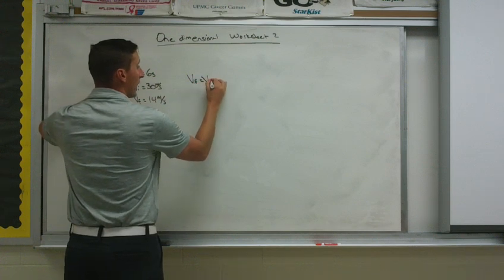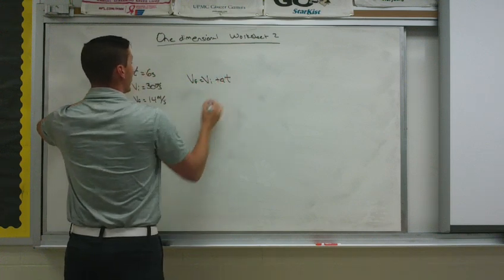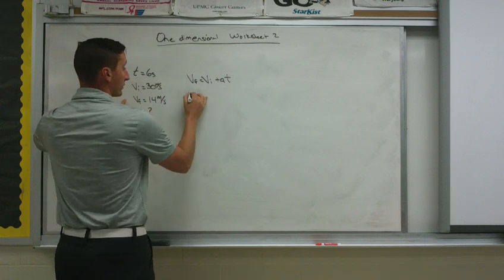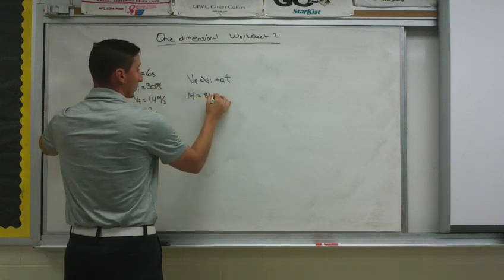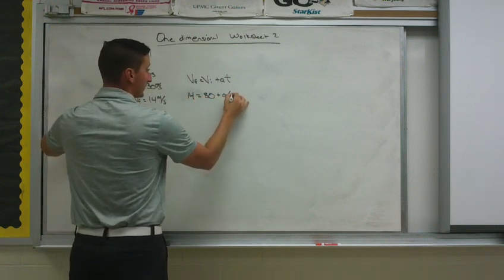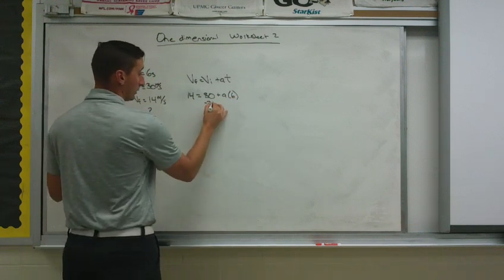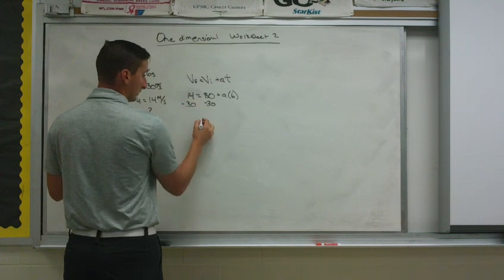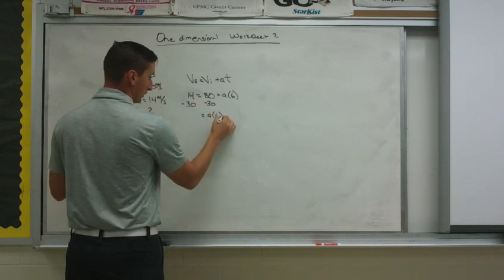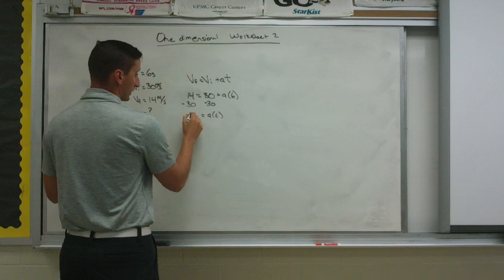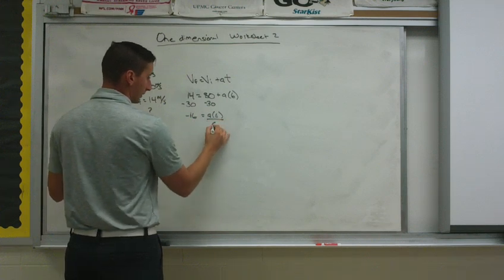VF equals VI plus AT. I plug in and solve. VF is 14, VI is 30, plus A T, T is 6. Solve. Subtract 30. You get negative 16 divided by 6.